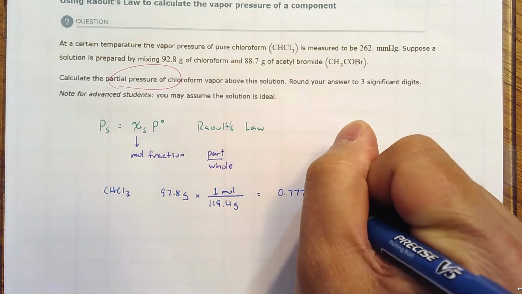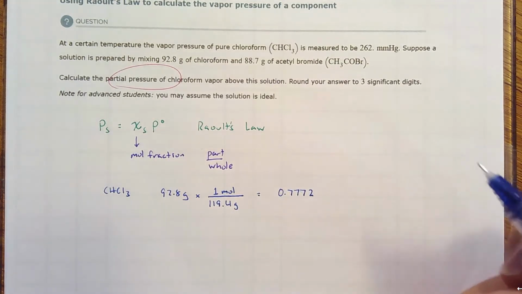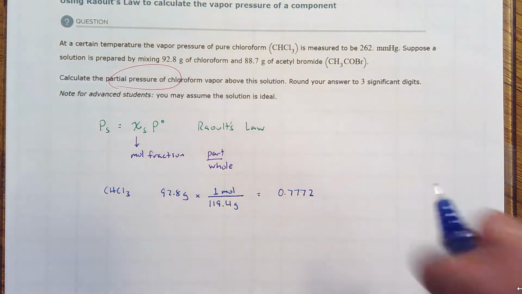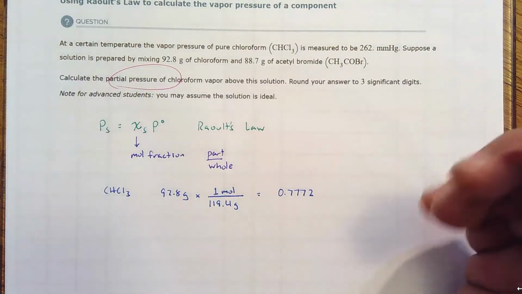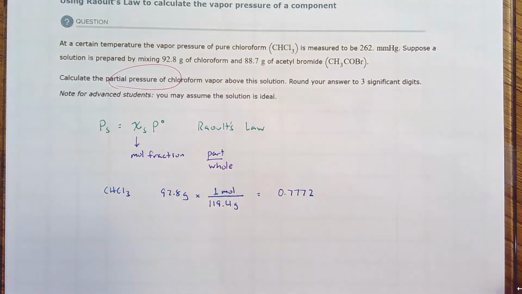You don't want to round to too few significant figures until you get to the very end, and then you round to the appropriate number of sig figs. They want 3.